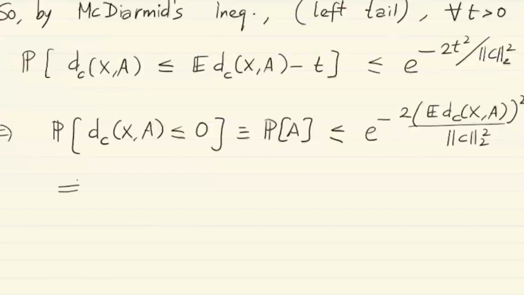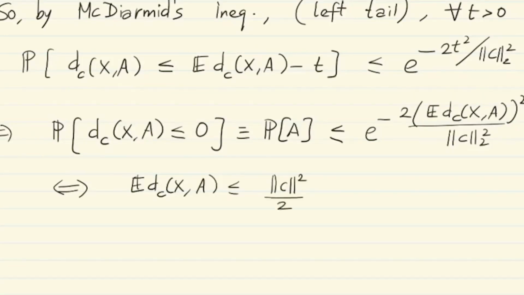This is the same as saying that, if you invert this expression, the expected value of D_c(X, A) is at most the square root of norm c square by 2 log 1 by P(A).